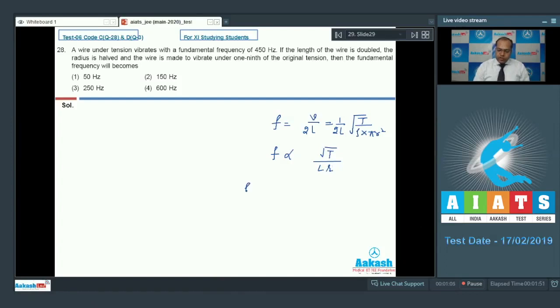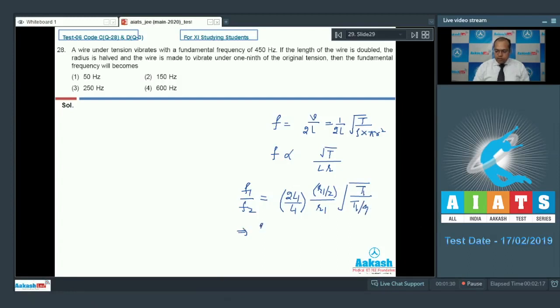So if I take the ratio F1 by F2, then it is equal to, length is doubled, so 2L1 by L1, radius is halved, so R1 by 2 divided by R1, and the tension is 1/9 of the original tension. So this is T1 divided by T1 by 9.